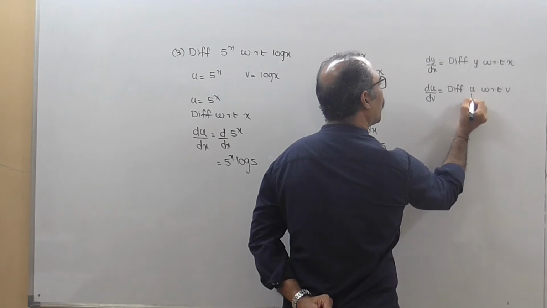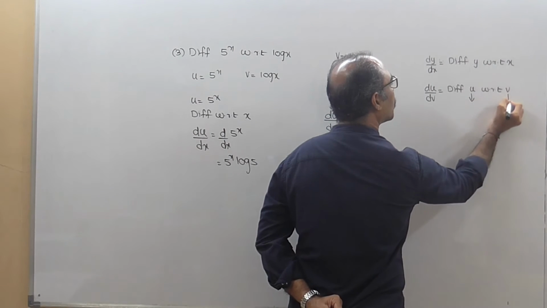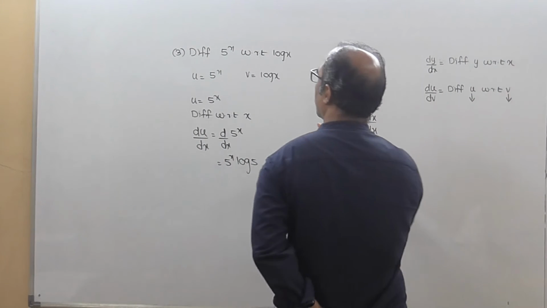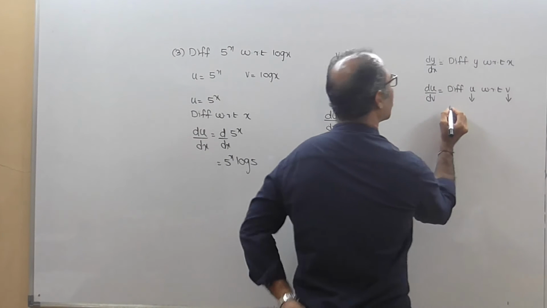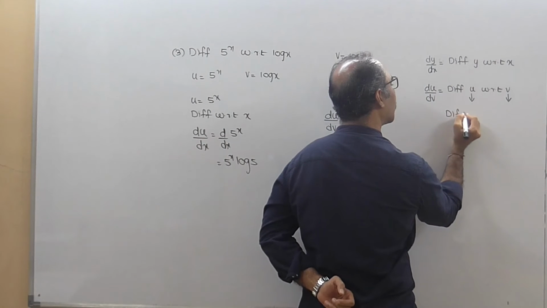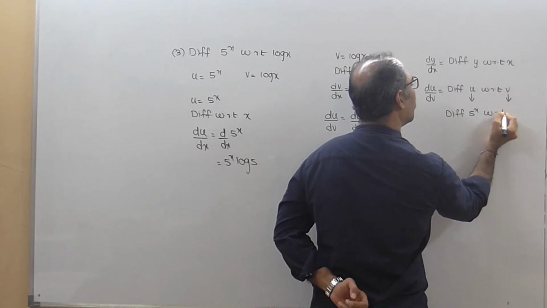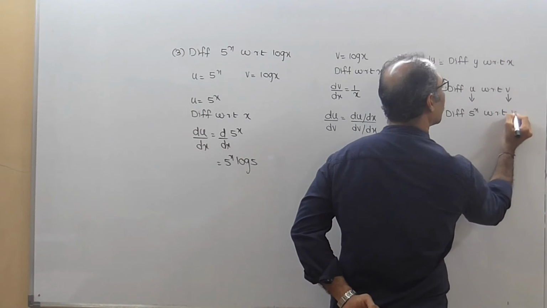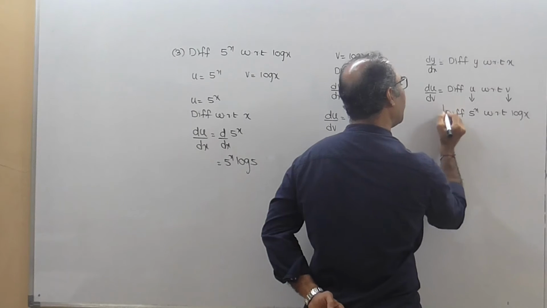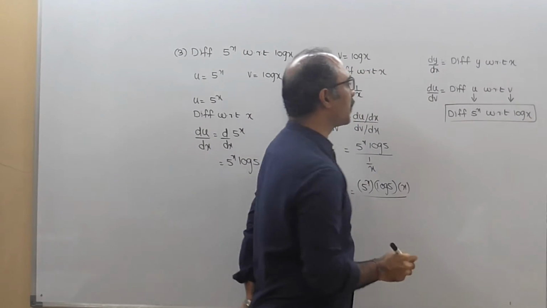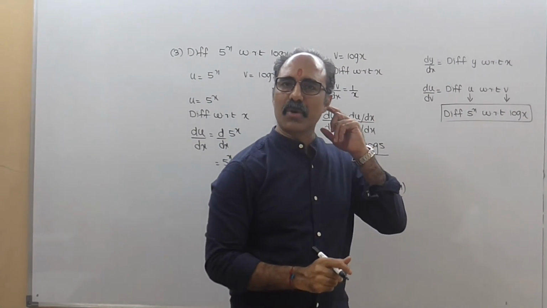Now, what is the value for u and what is the value for v in the question? The value for u is 5 raised to x. That means this is nothing but differentiate 5 raised to x with respect to v. What is v? Log x. So indirectly we have found differentiate 5 raised to x with respect to log x. You cannot do it directly.